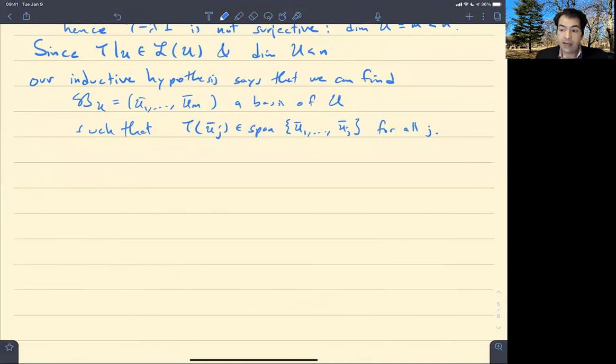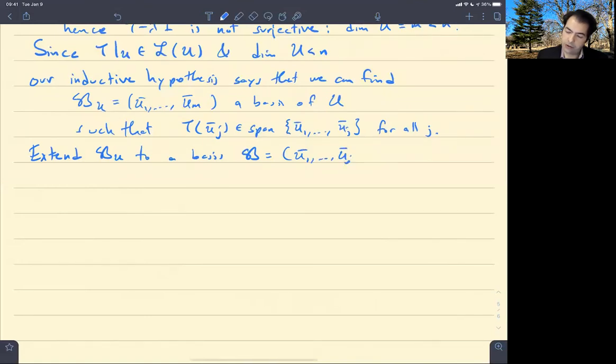Okay, so now extend B sub U to a basis capital B, say u1 through um, and then the vectors we're adding will be v1 through vk. And this is now a basis of all of V. Okay.